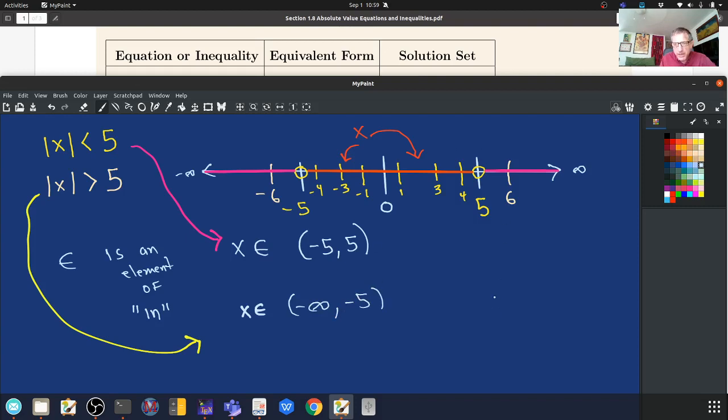Then we come over here and start at 5 and go all the way to plus infinity, and we take the union of these two sets. So in this case, we have a nice compact way to write the solution set. Since these two sets are separated by this area demarked in red, I have to take their union.